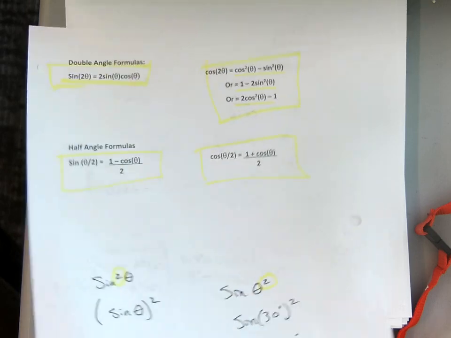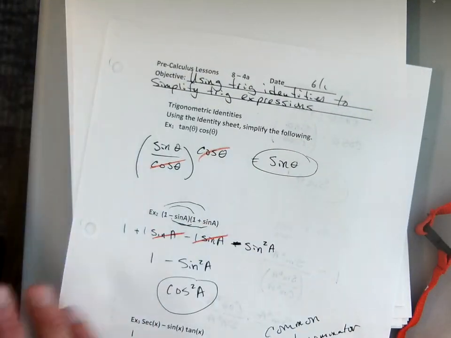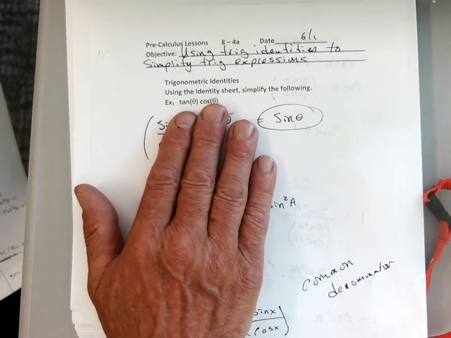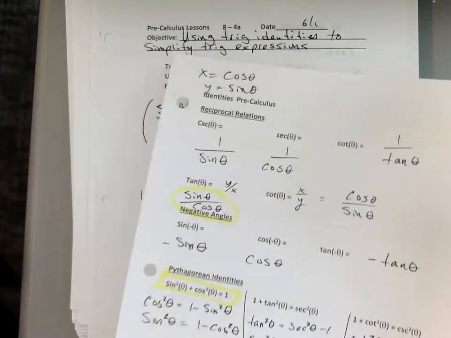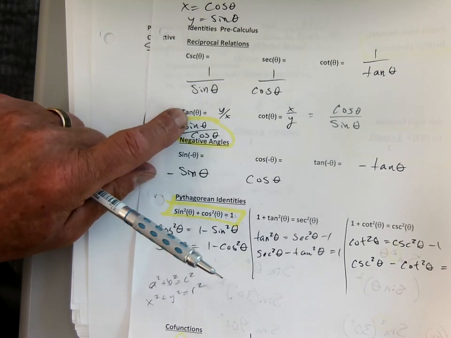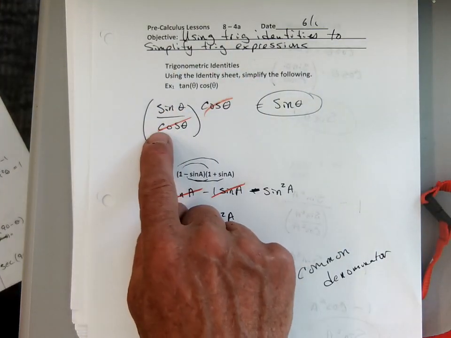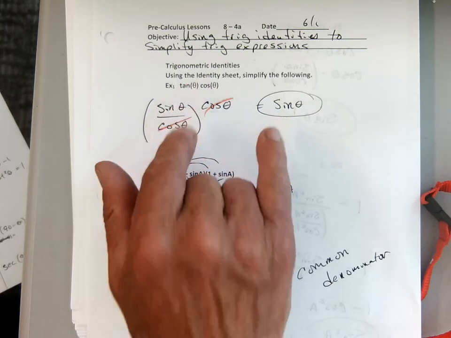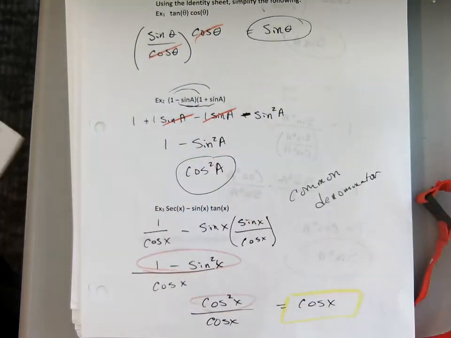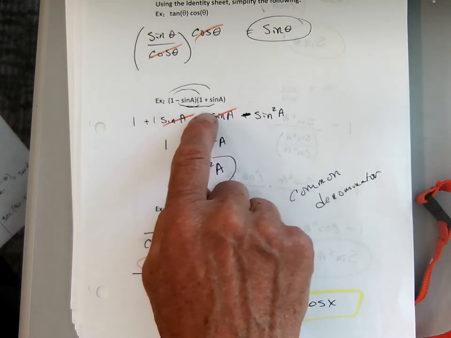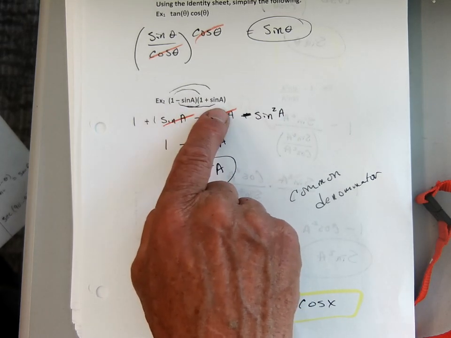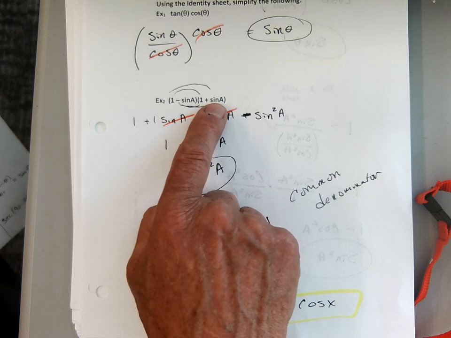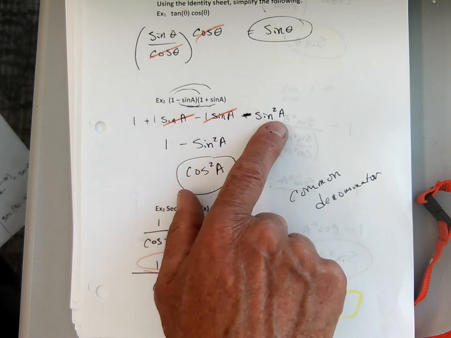So then we did all of this. We did some identities, okay? Tangent times cosine can be rewritten in a nicer way. Tangent, we learned, was sine over cosine. So I rewrote tangent as sine over cosine, canceled the cosines, and got a much simpler version. Okay, example 2, I needed to FOIL it first because it looks pretty messy. I multiply 1 times 1, 1 times sine, negative sine times 1, and negative sine times sine is negative sine squared.